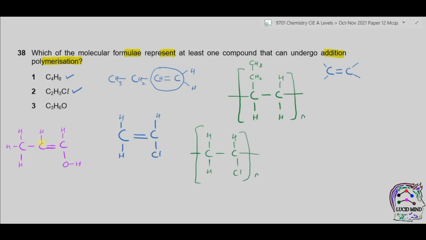So it can also undergo addition polymerization by these 2 carbon atoms. The repeat unit will be like this. As all 3 options are correct, therefore the answer is A.